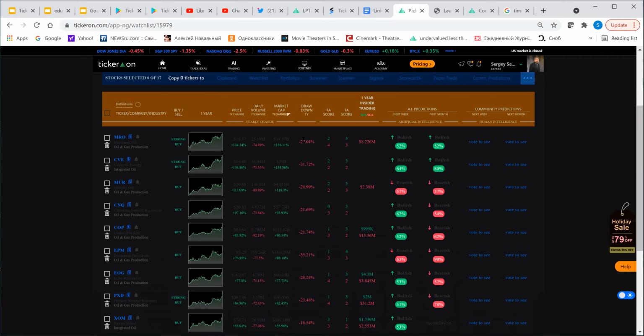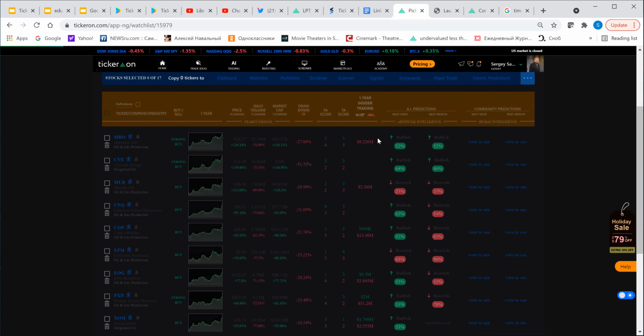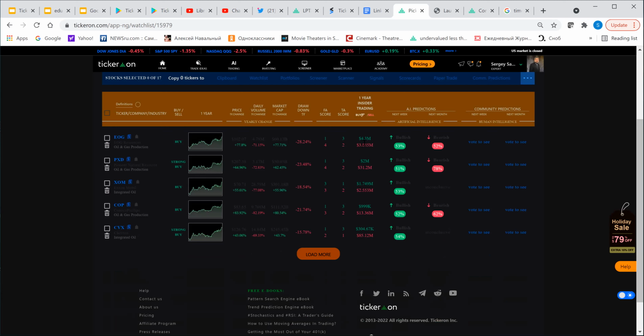I can also view quite a lot of data, for instance, one year insider trading. Actually, it is not dark pool data. We buy that data, it's legitimate, and we know what the insiders are doing with their own stock. Let's say we click on buy. There is some buying going on with insiders, somebody bought 2 million, 1.7 million.